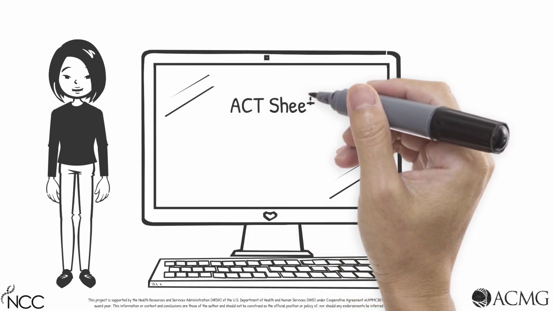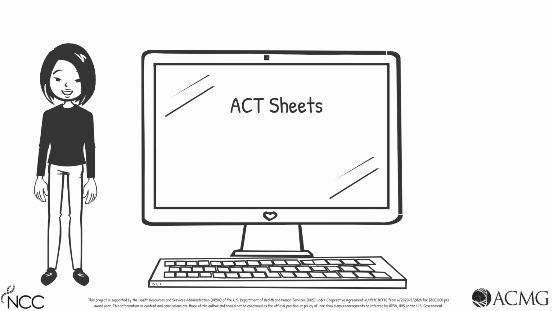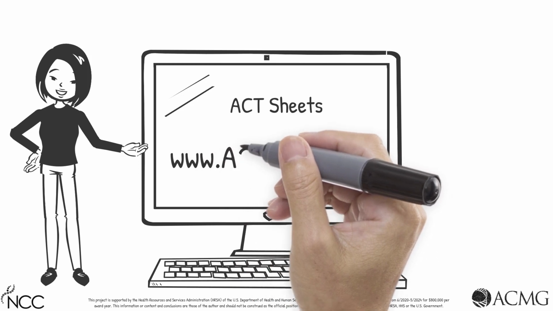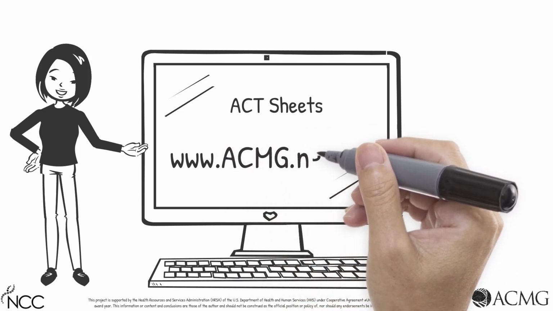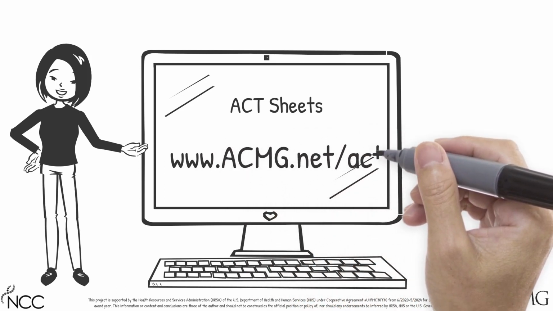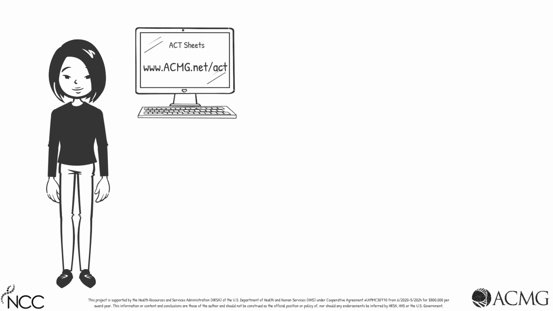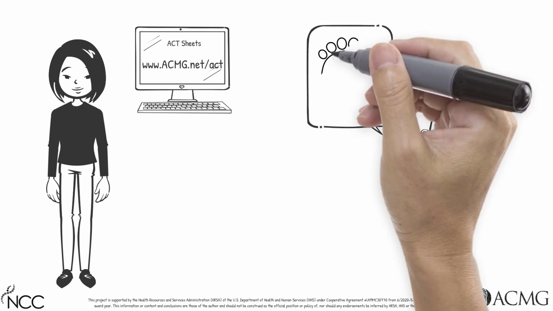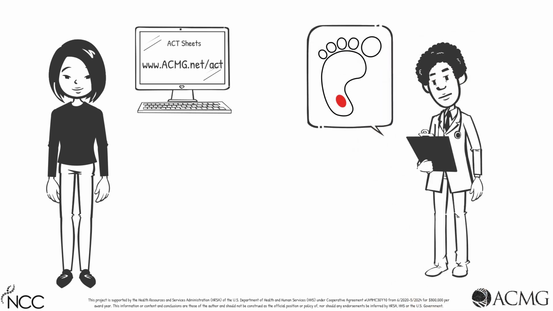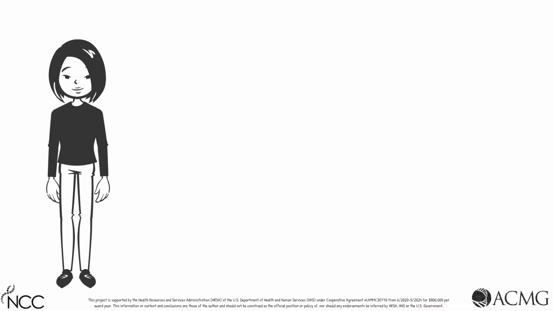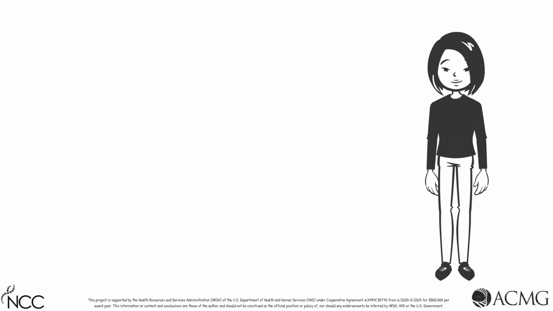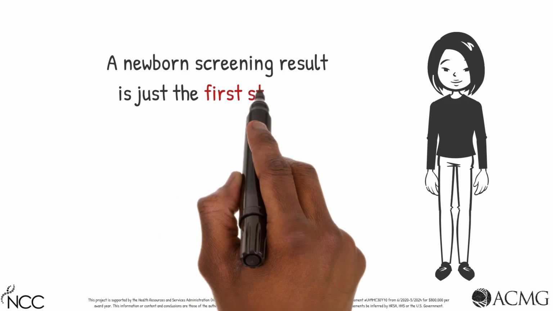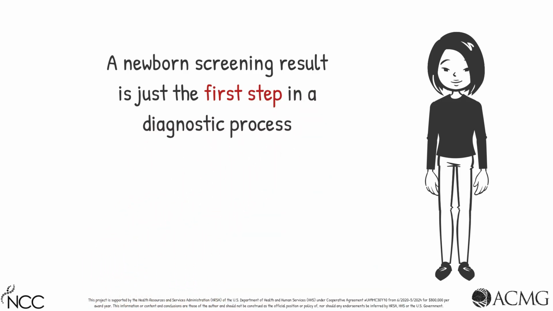This session is a companion to the GAMT Deficiency ACT Sheet, which is freely available at www.acmg.net/ACT. ACT sheets are intended to be immediate resources for providers who encounter positive newborn screening results. Please keep in mind that a newborn screening result is just the first step in the diagnostic process.